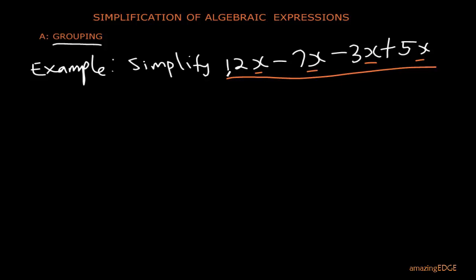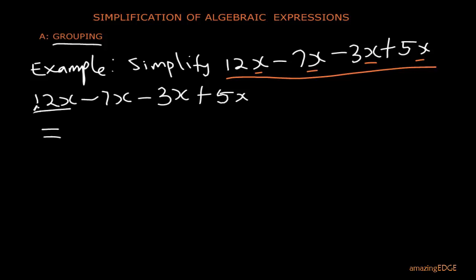So with that, we see that 12x minus 7x minus 3x plus 5x can be said to be equal to, now we can add the addition together. So we have 12x plus 5x. So we can handle the addition. Then after the addition, we handle the subtraction following BODMAS.